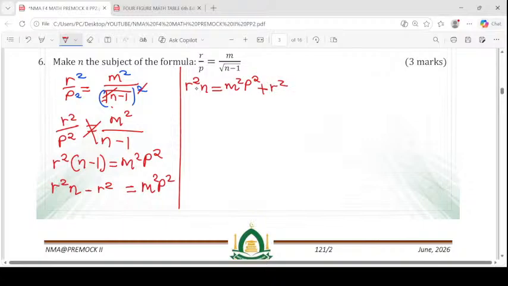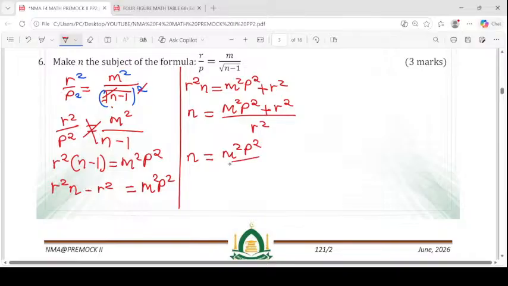To get rid of this R squared to remain with n, we are having this as M squared P squared over R squared plus 1, because R squared and R squared cancel out and become 1. So that is how you make n the subject of the formula for question number 6.